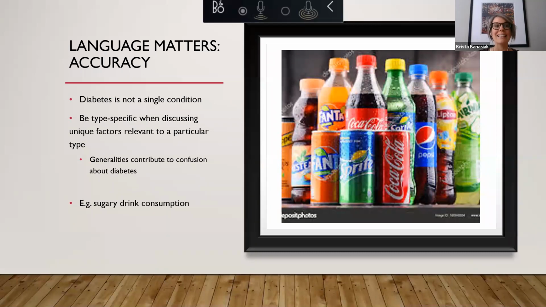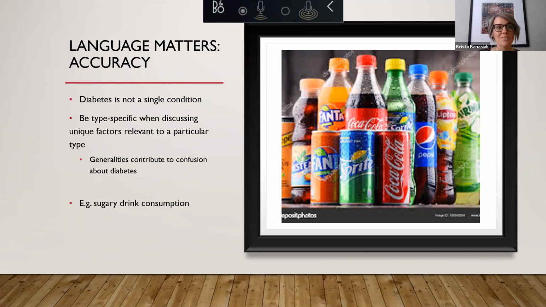At times, it is possible to speak about diabetes, and this is primarily when we're speaking about factors that are common to all types, such as the need to monitor blood glucose levels. However, most often, it's important to be type specific. Talking in generalities perpetuates and overextends inaccurate ideas.